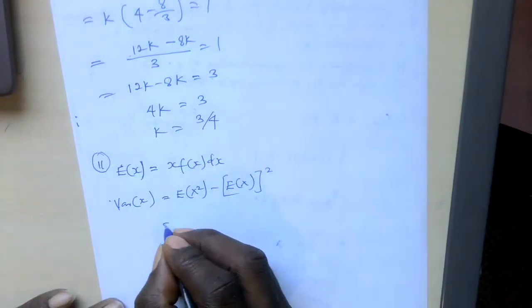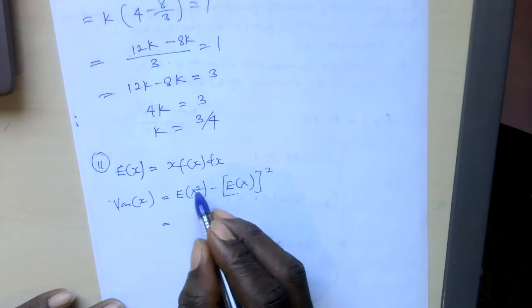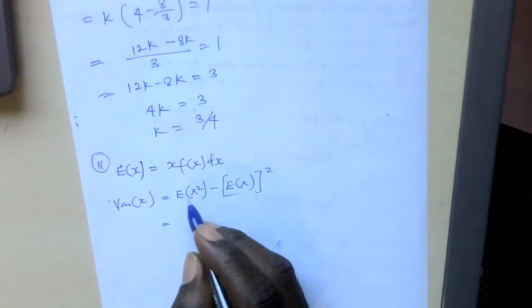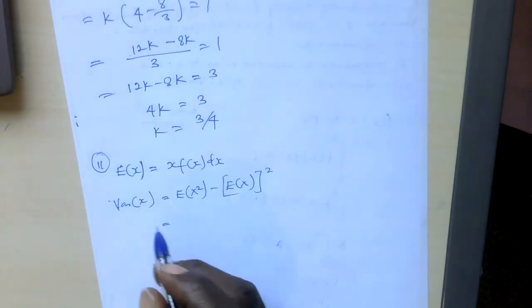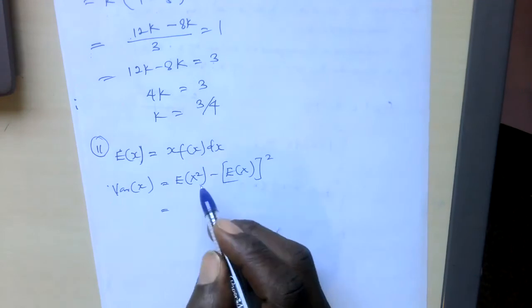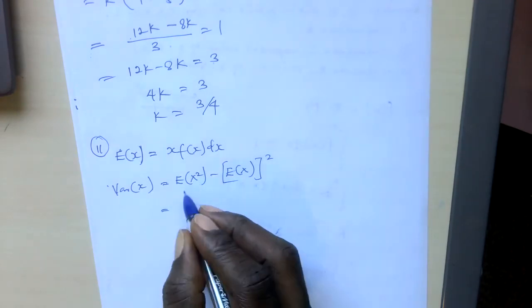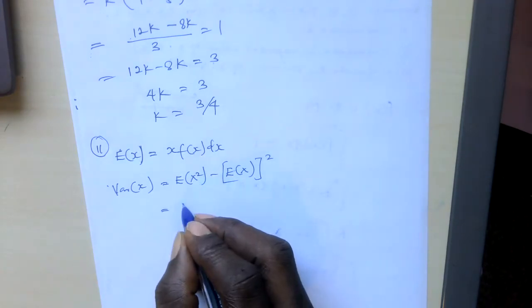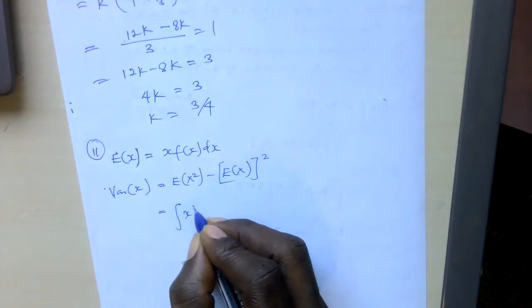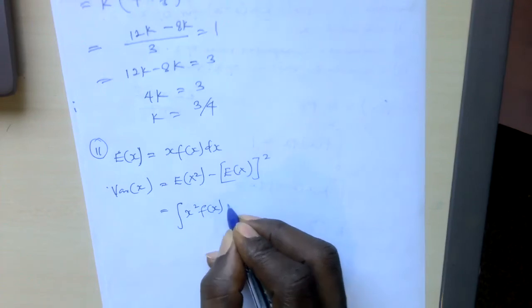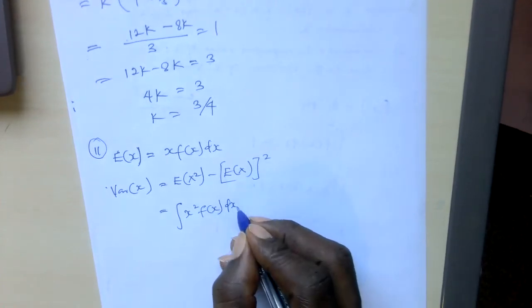So here, what is this guy? Under this function, the expected value of x squared is the integral of x squared f of x dx, right?